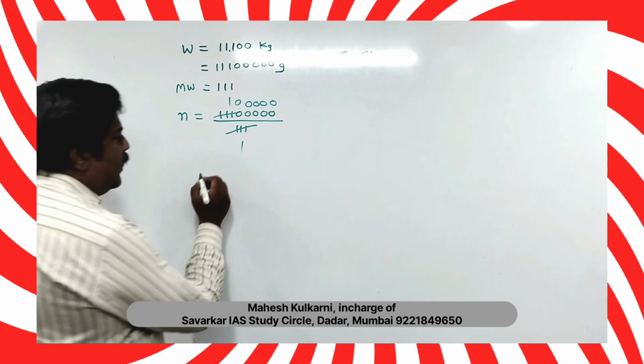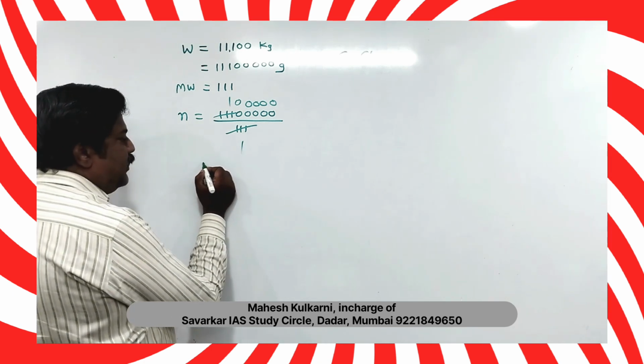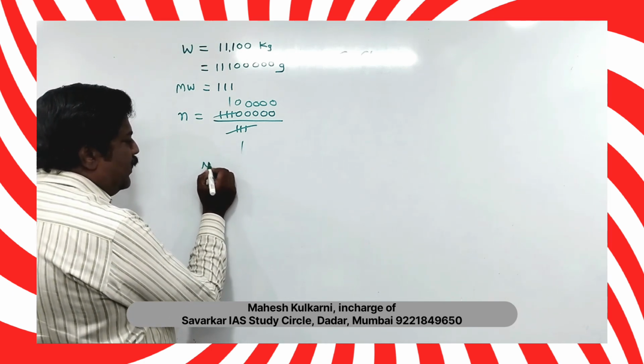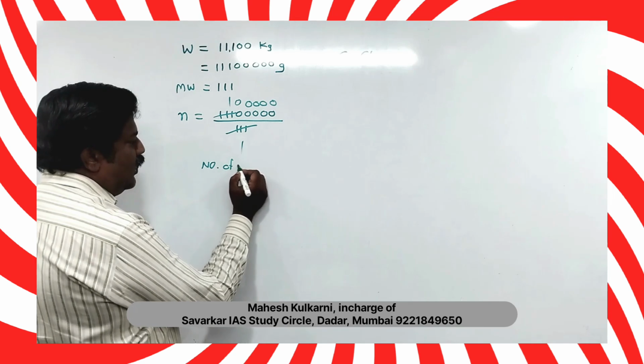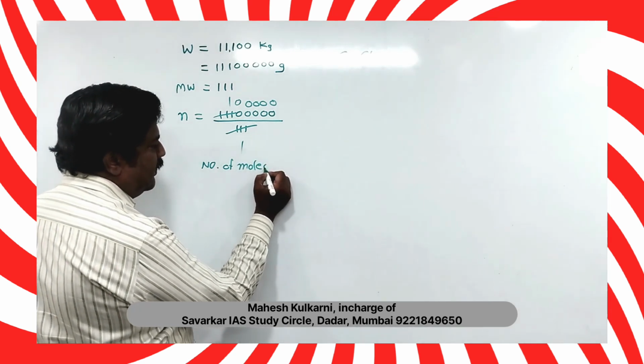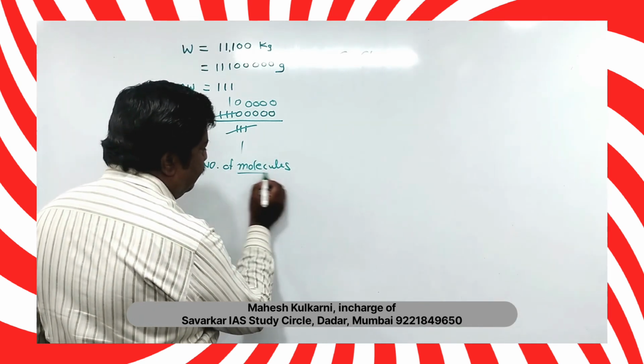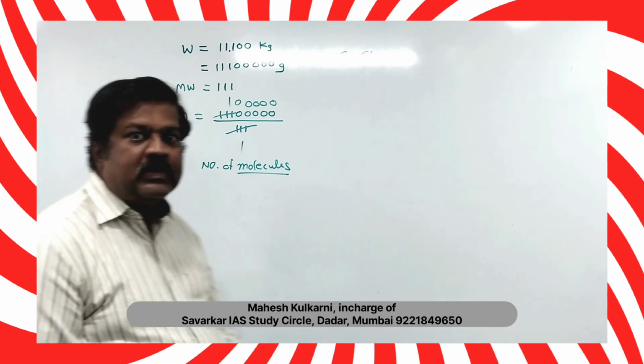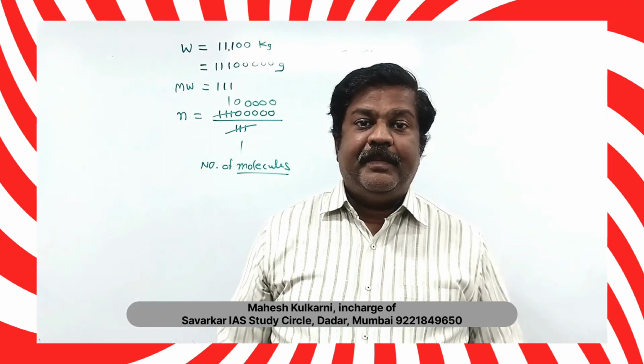And next, number of molecules. So simple, we can find out number of molecules. When I say molecules, according to modern principle, atoms are also considered as monoatomic molecule.